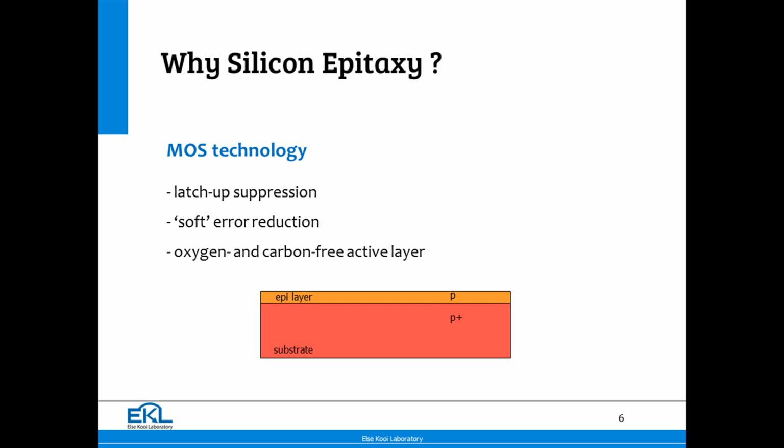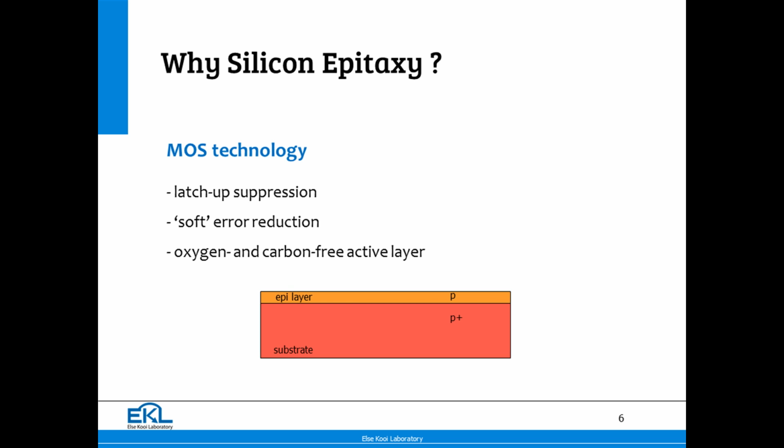What benefits do we have? Latch-up suppression. What is that? In a MOS structure you have PNPN structures. Due to a voltage spike, they can get into conduction, and the only way to get them out of conduction is to remove the supply current. If you use an epi layer in the MOS circuit, so P on P plus, that is not a problem anymore.